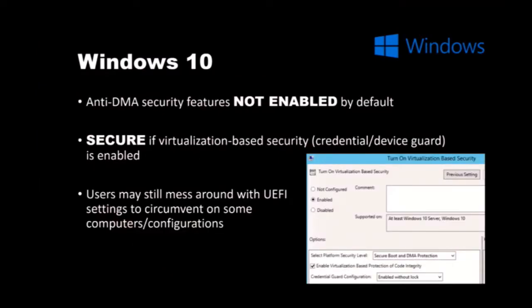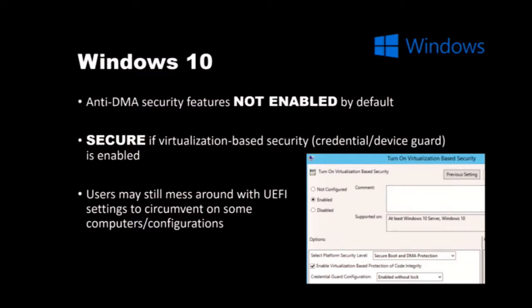Actually, Windows 10 does have some very nice anti-DMA features built into the enterprise version, but they are not enabled by default. Windows 10 can be made rather secure against DMA attacks if the virtualization-based security features are enabled, like Credential Guard and Device Guard.